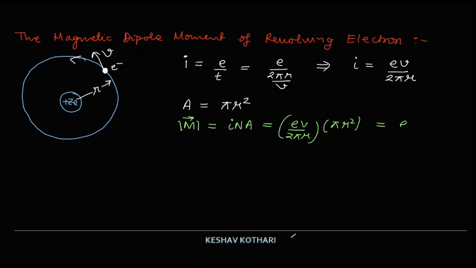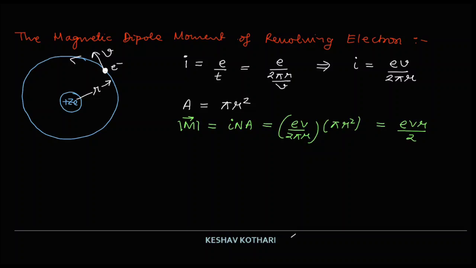So we attain a value equal to evr by 2. So this is the magnitude of magnetic moment because of the flow of electron in an atom, and the direction of this magnetic moment is perpendicular to the loop.